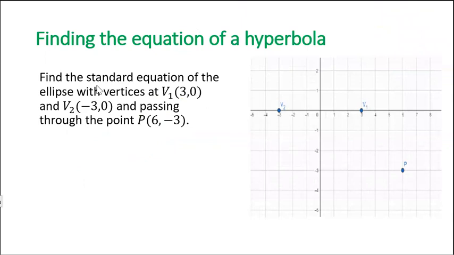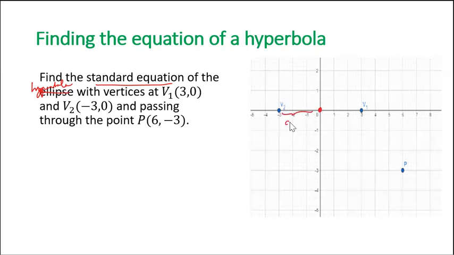And then finally, let's find the standard equation of the hyperbola with vertices at (3, 0) and (-3, 0) and passing through the point (6, -3). Since the two vertices are given and they form a horizontal line segment, we just get the center of this line segment, and its center is at the origin.